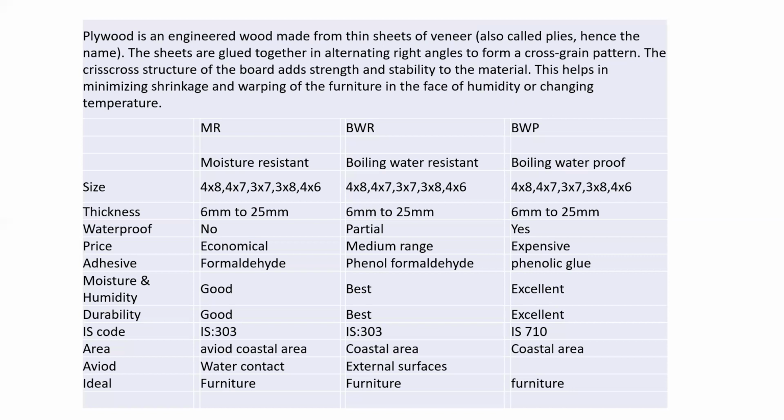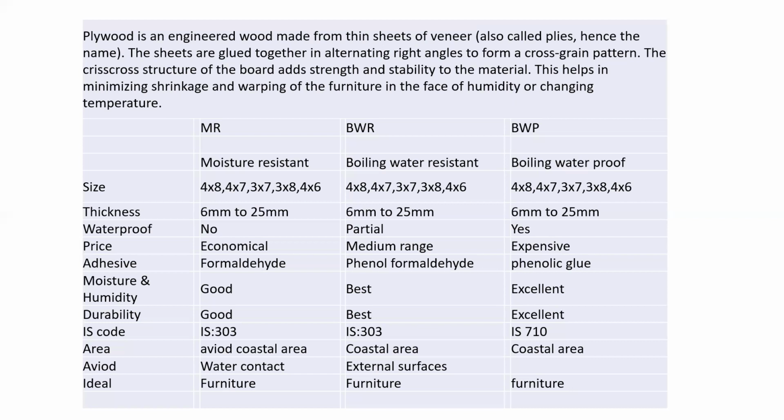And the third one is the full core. Full core means all the plywood is made from hardwood material. Some people say, "I want the Gurjan ply." Gurjan is a kind of wood available in the market.